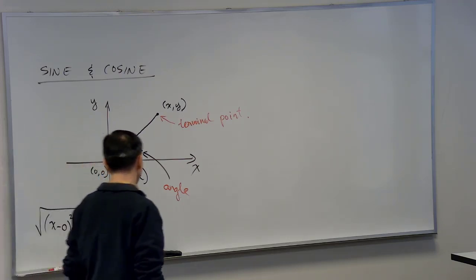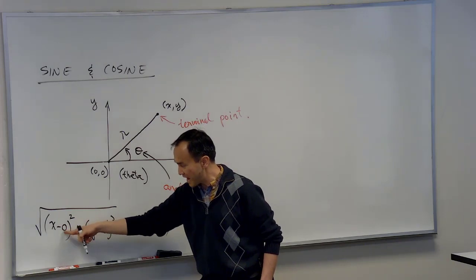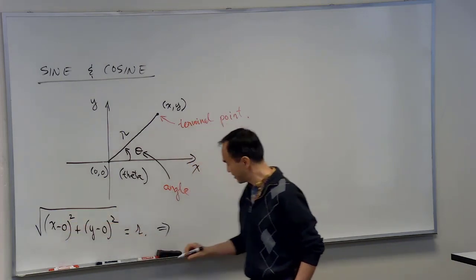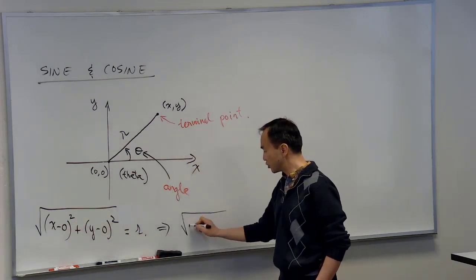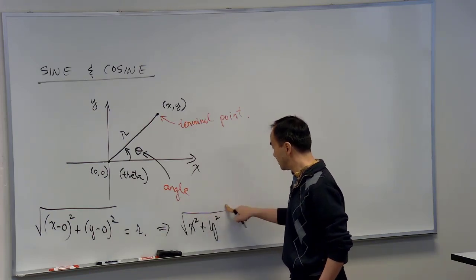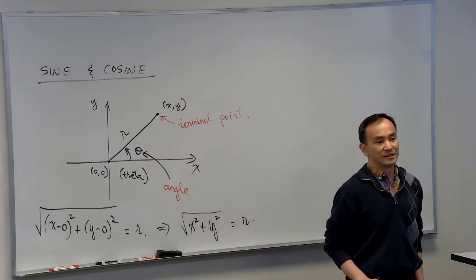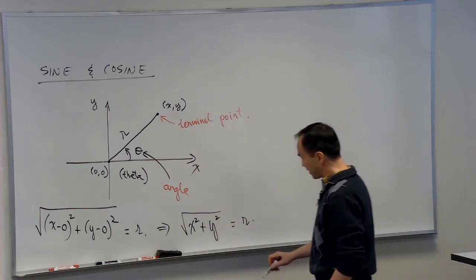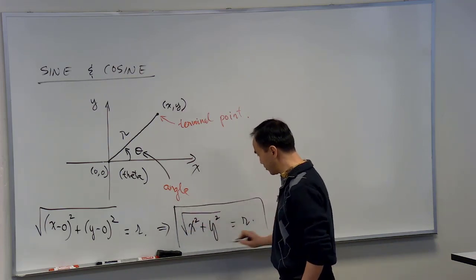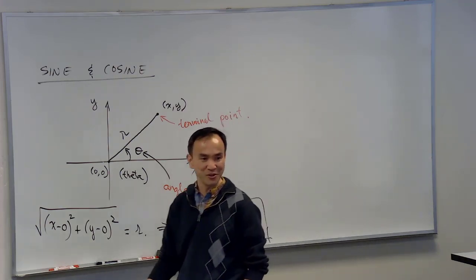And so this equation is reduced down. We don't have to write x minus 0 all squared like that. Inside the square root we get x squared plus y squared, and that equals r. Ladies and gentlemen, nail this down. This is one famous formula that you're going to carry for the rest of your mathematical career.